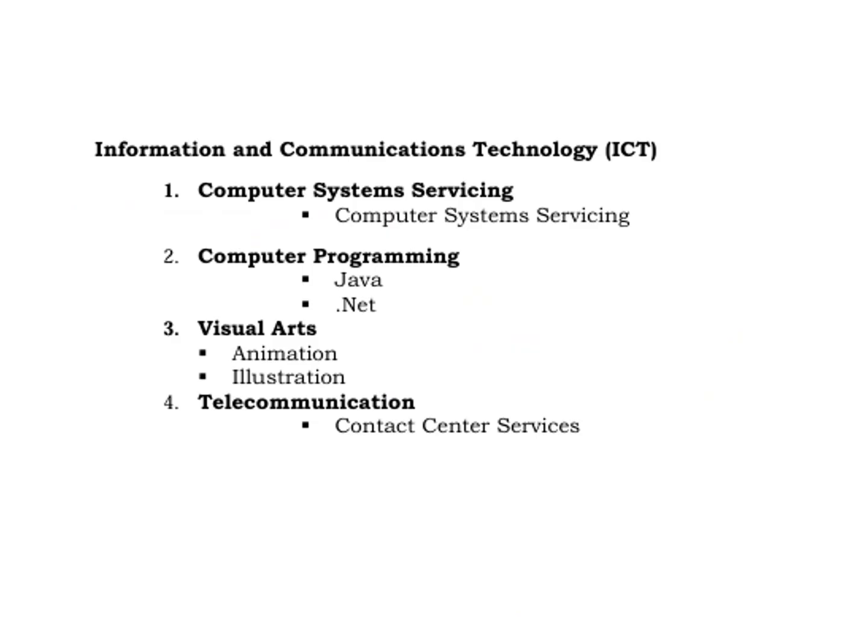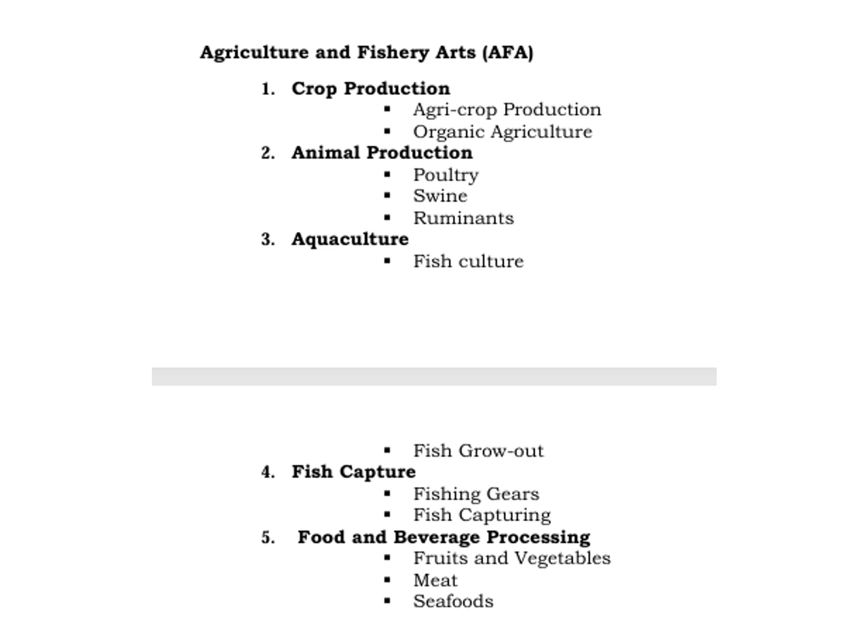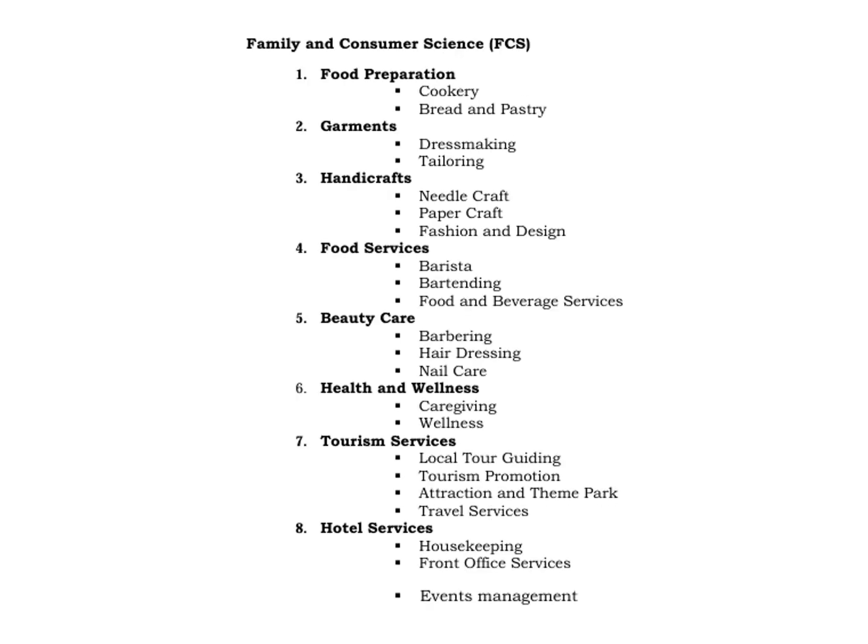Again, showing you the different contents, the topics that are expected to be learned in every learning area. For example, this one, the ICT, this one in agriculture and fishery arts. So these are the focus. Family and consumer science.